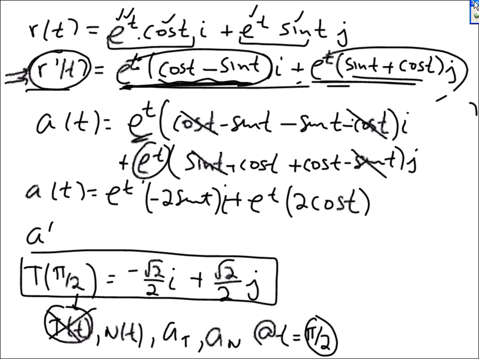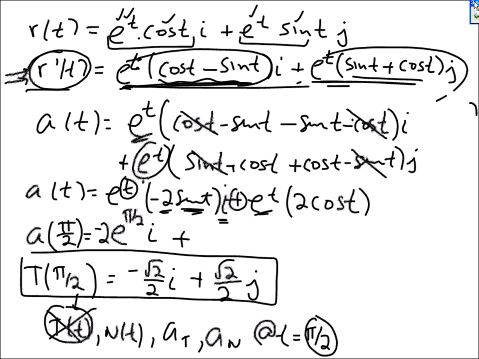So now a of pi over 2 is equal to e to the t, where t is pi over 2. Now the sine of pi over 2 is 1. Negative 2 times 1 is negative 2. So it's e to the pi over 2 times negative 2. I'll put the negative 2 in front, and that's in the i direction.